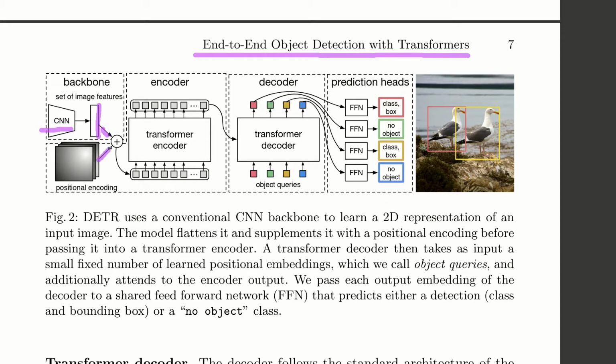They add a positional encoding here so that each feature vector knows where in the image it is. These feature vectors are then consumed by this transformer encoder and produce feature vectors for each pixel in that feature map.